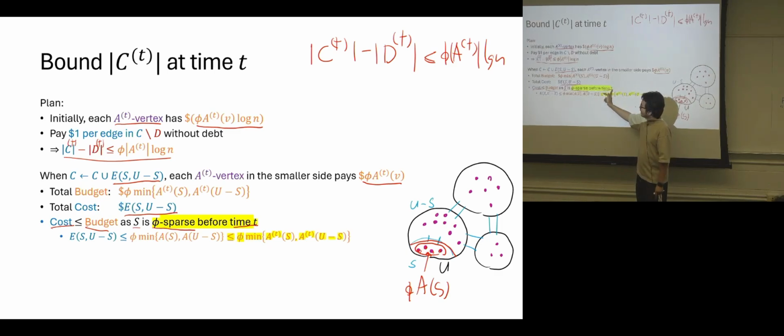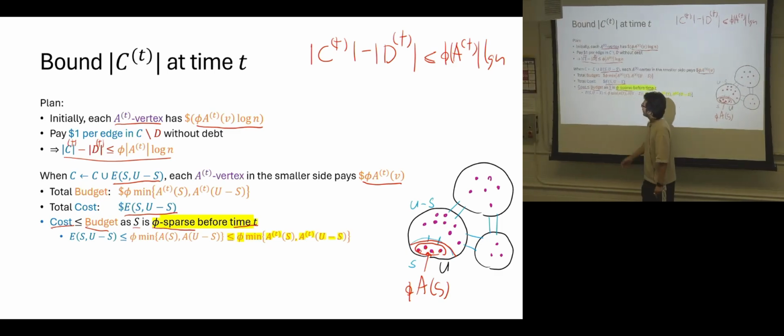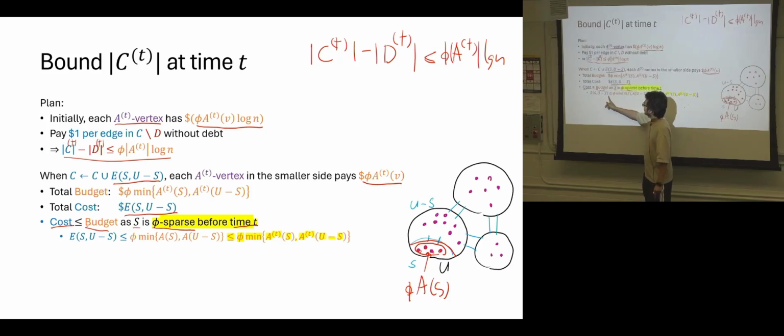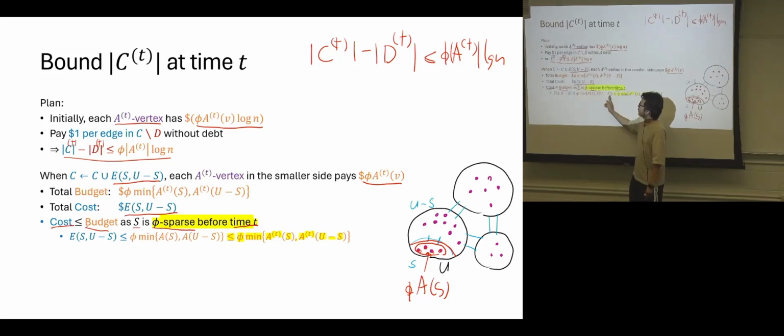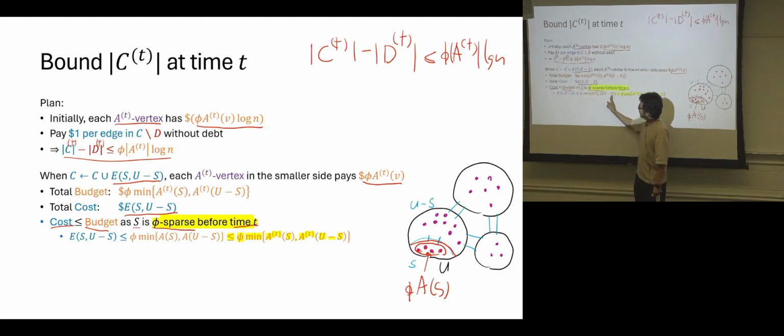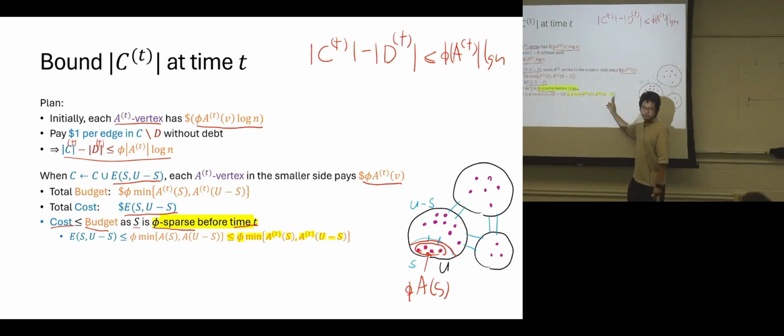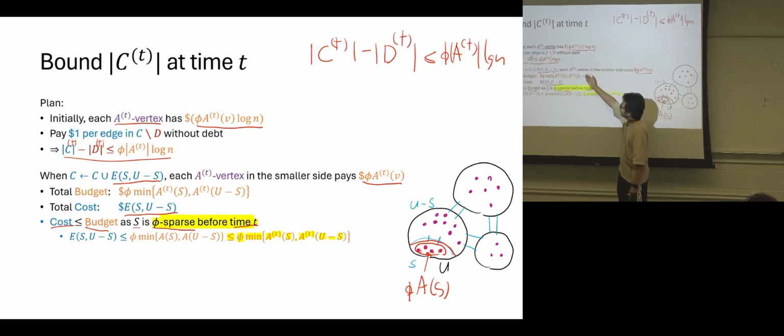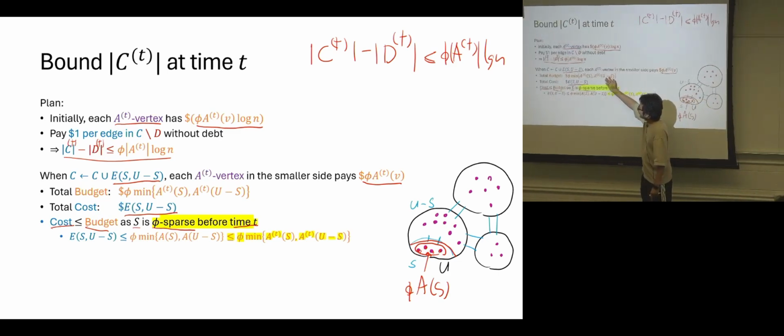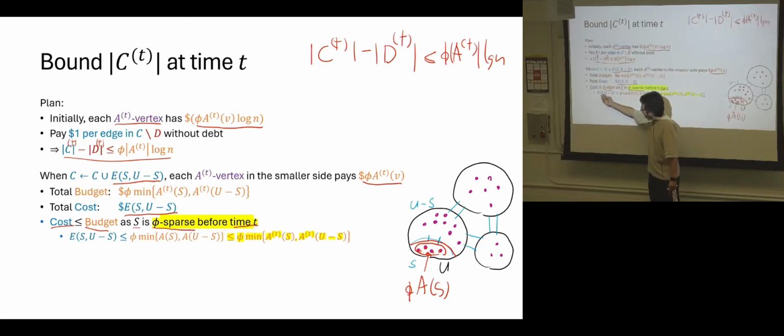Okay. So we know that this is sparse with respect to A at some point before time t. But this is less than this one because A only increased. So it just means that the budget that we have is enough to pay for the cost.